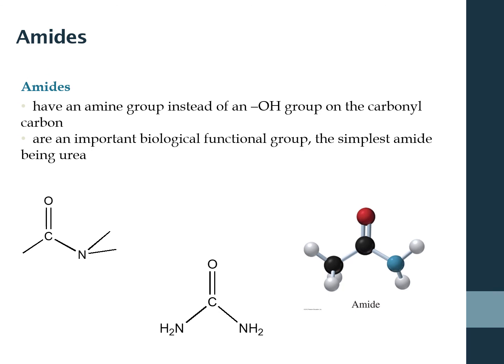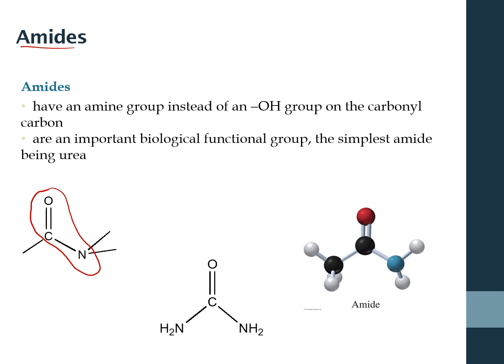The difference between amines and amides is a carbonyl group. You have a carbonyl group for amides, and what you have bonded to the carbonyl is a nitrogen atom. So for amines and amides, what you have in common is the nitrogen. So if you see a nitrogen in a formula, that means that you're going to have an amine or an amide.